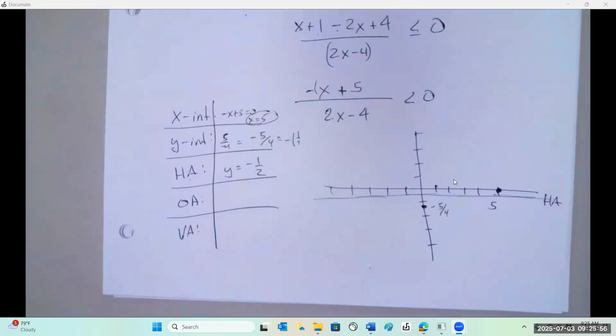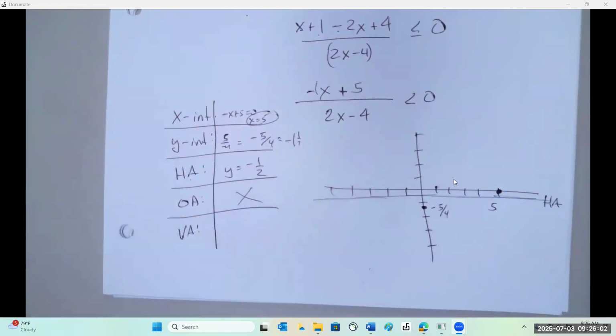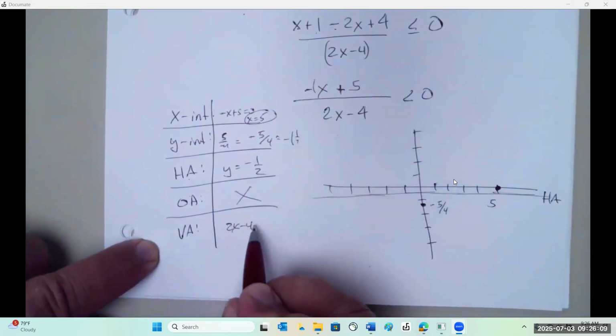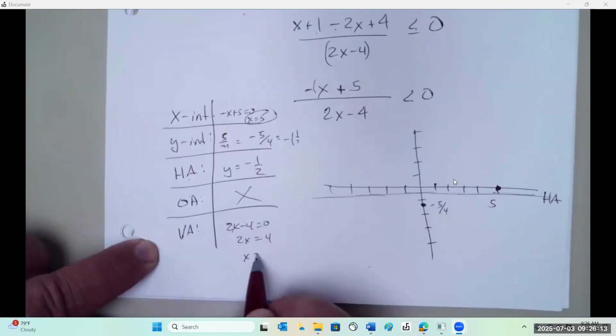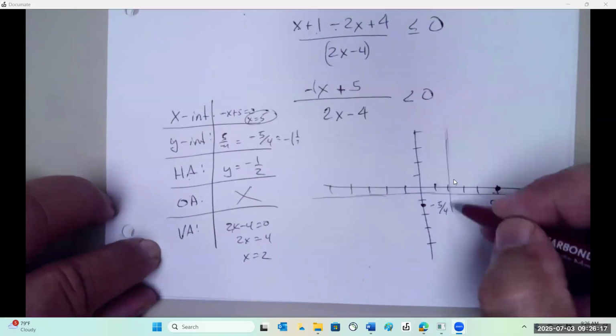Again, we talked about this within 24 hours ago. So we don't have an oblique asymptote. Vertical asymptote. I take the bottom, set it equal to 0, solve for x. So my vertical asymptote is at 2.